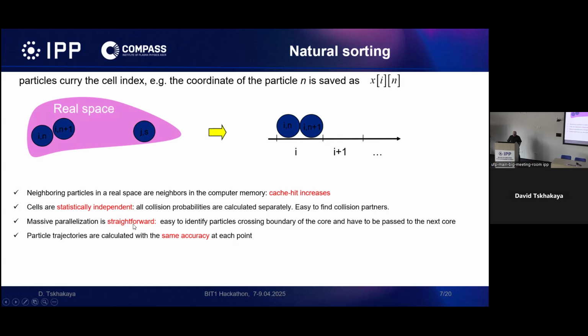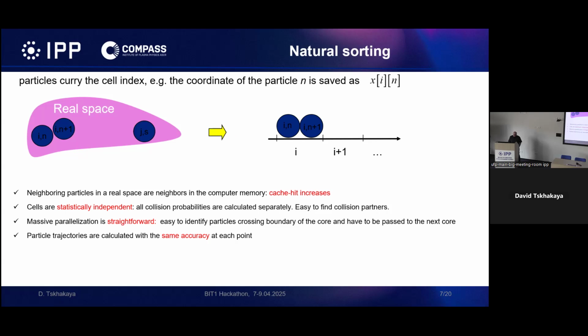Massive parallelization was straightforward, because you already know when particles are leaving the cell. If it's a domain decomposition, you know when particles are leaving the given core. So it was no very big step to go to real parallelization.